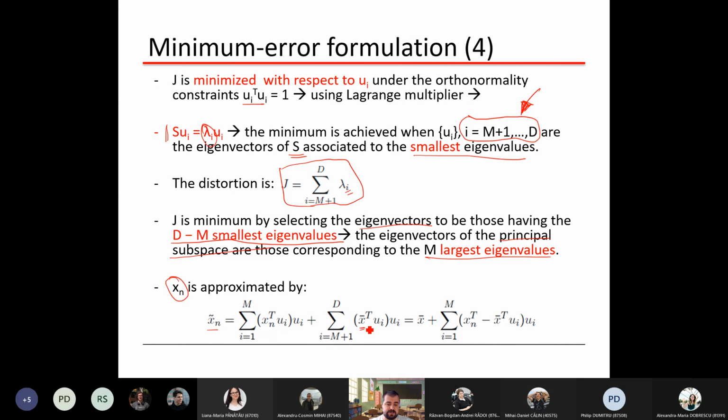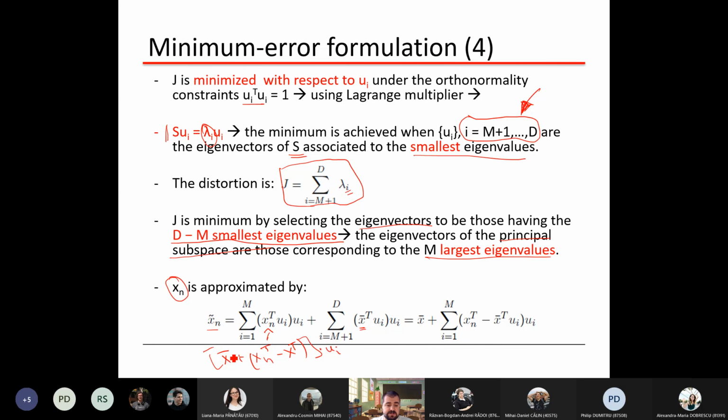But this can also be written with the mean. So in here, I will write this as being the mean plus xn transposed minus the mean, multiplied with UI and then again multiplied with UI.